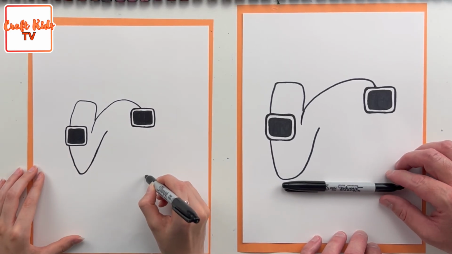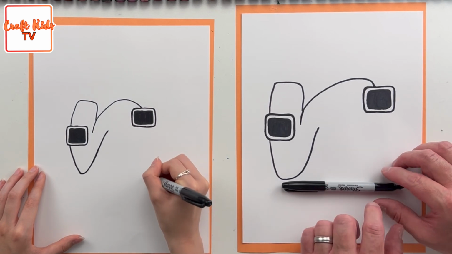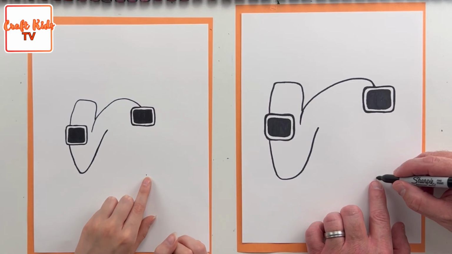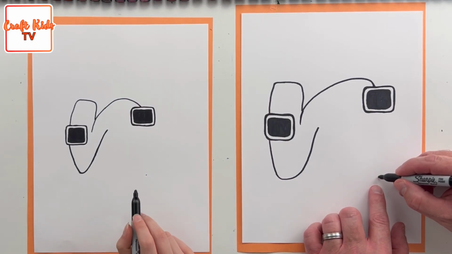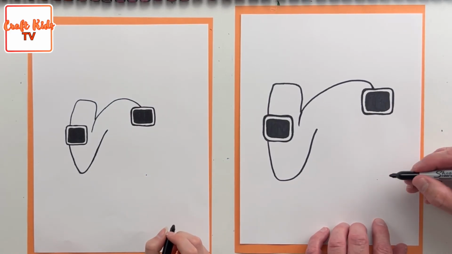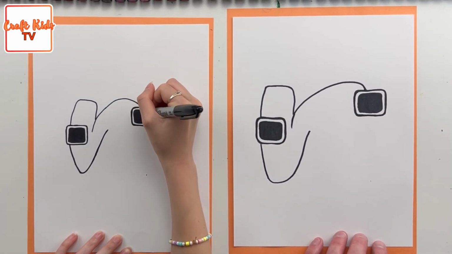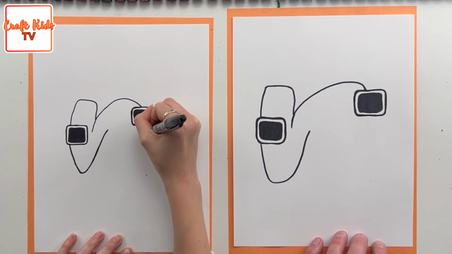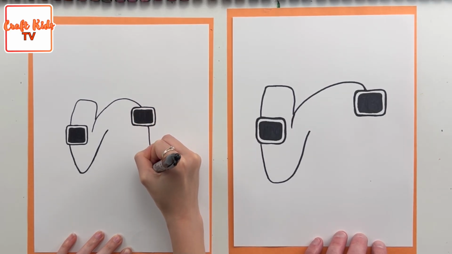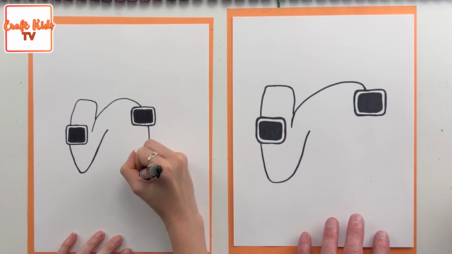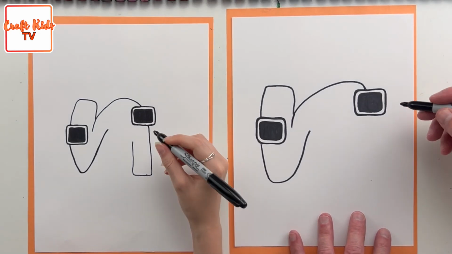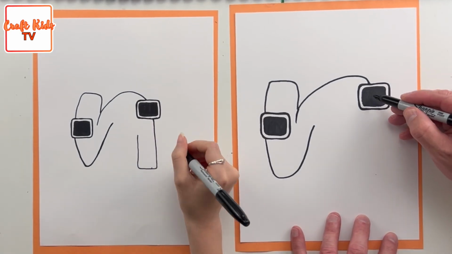I'm just gonna make a little dot so that I can try to make it come down that far. Okay. Now I'm going to imagine the line going through n's eye, and it's pretty straight down. Curve it, and then go back up. And I'm not going to go all the way quite yet.